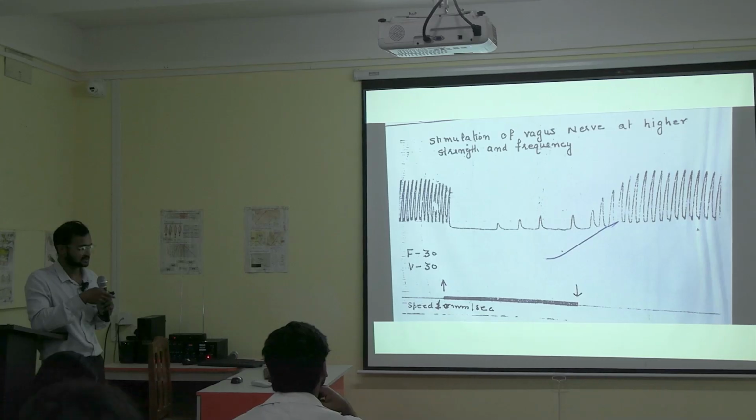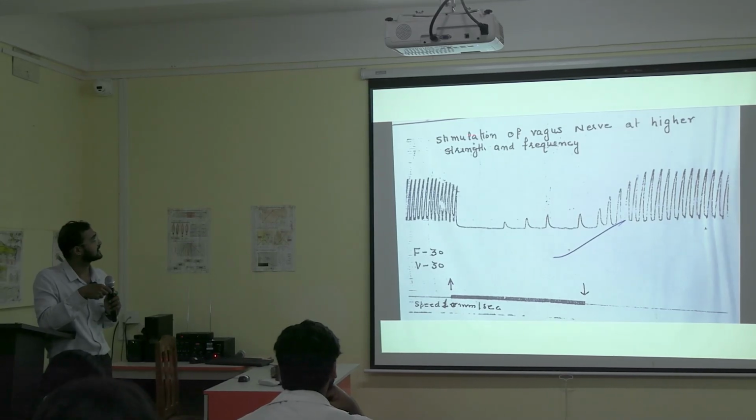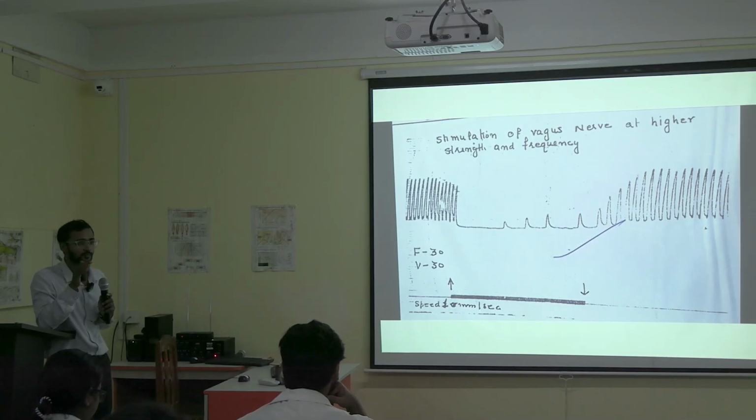Here, in a similar way, there is stimulation of the vagus nerve at higher strength and frequency. Here we are starting the stimulation, so there is no impulse generation. The heart is stopping temporarily. After a certain time we see there is a vagal escape.